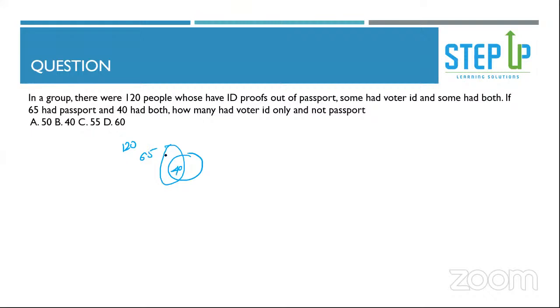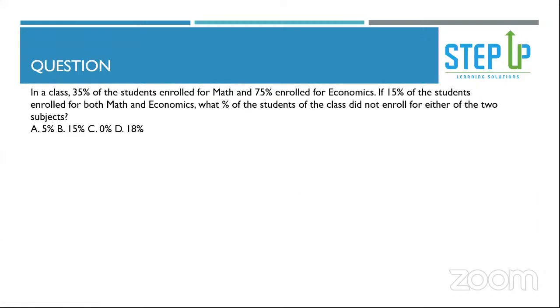This is 40, so this will be 25, right? And total 120 people are there. So 25 plus 40 plus x is equal to 120. So x is equal to 55. How many had voter ID only? They are just asking you the value of x. This is for passport, this is for voter ID. Yes, answer is 55. Fine, we'll move to the next one. This was simple. Okay.